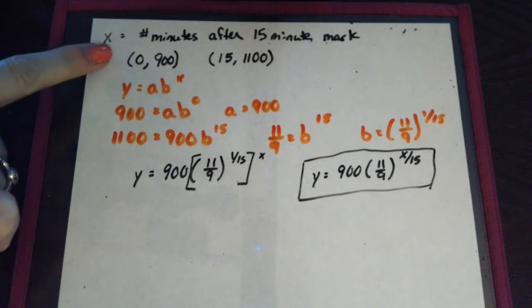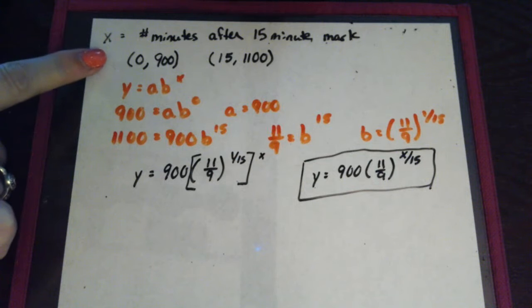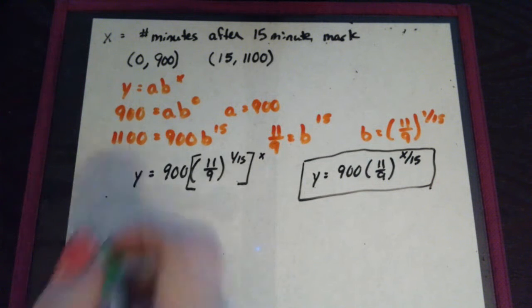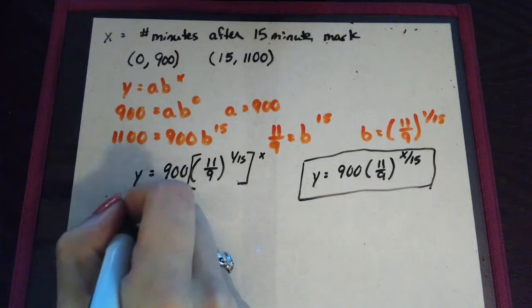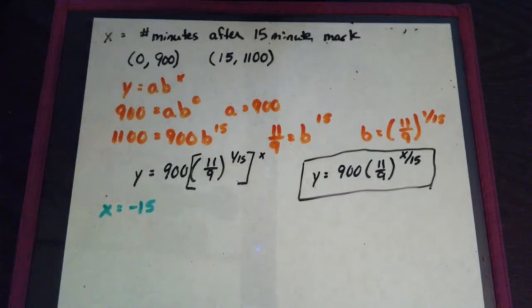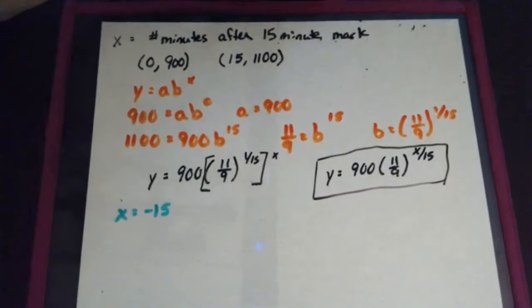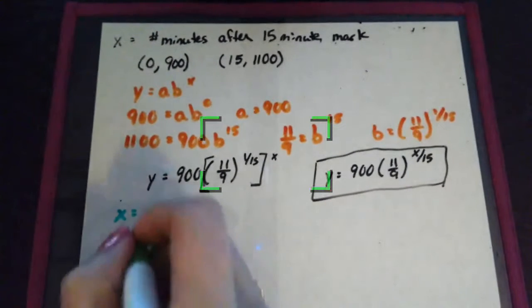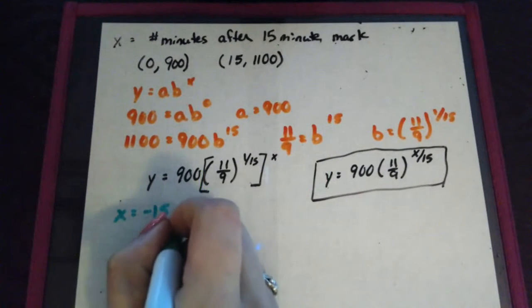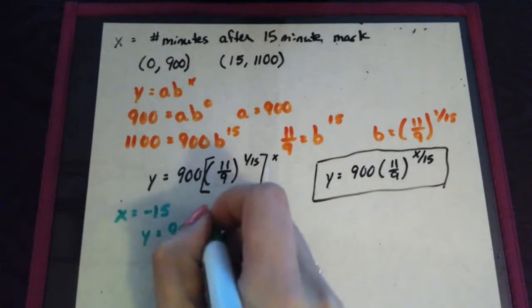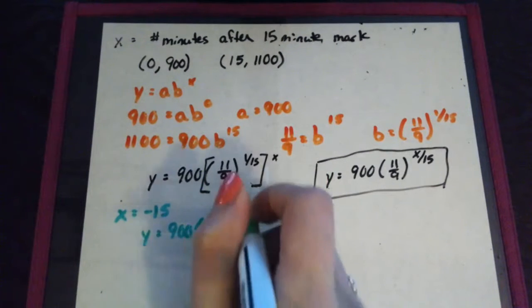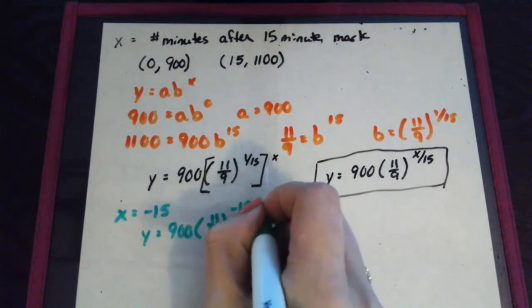You want to say 900 because that's what we used before, but that's at the 15-minute mark. I want to go 15 minutes in the past, so I'm going to plug in a time x of -15. So I want to go back in time 15 minutes. If I do that, then I get that our amount is equal to 900 times 11/9 raised to the -15 over 15.